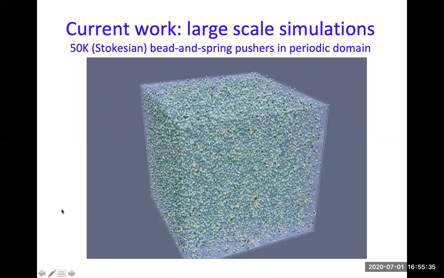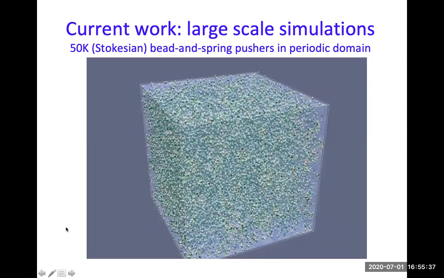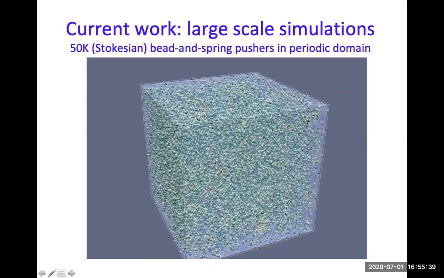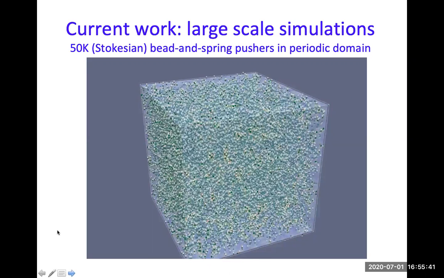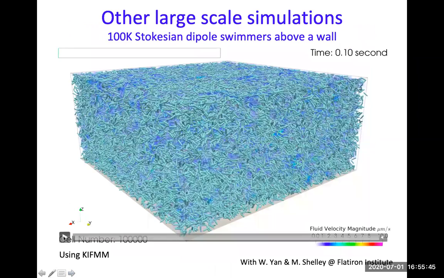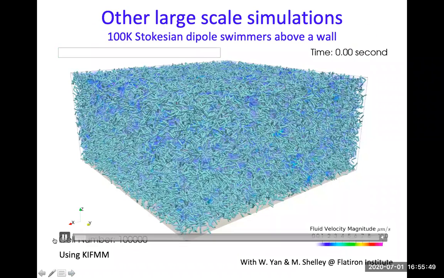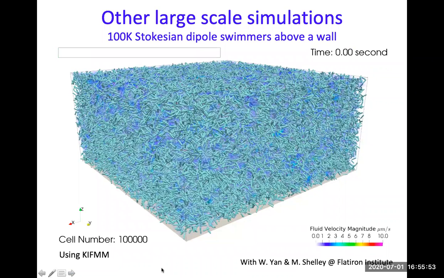The other challenge was doing, as I mentioned, confinement, so that it becomes a little bit more complex. The video for that is very large. I hope it doesn't get stuck. So here we have 100,000 dipole swimmers above a wall. It's doubly periodic on the sides, and there is a membrane on the top so they don't escape.